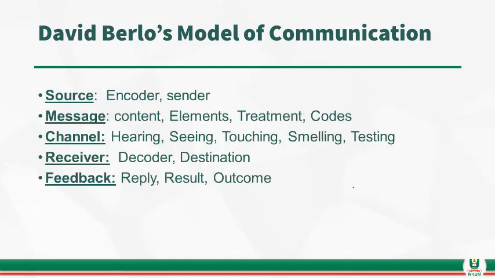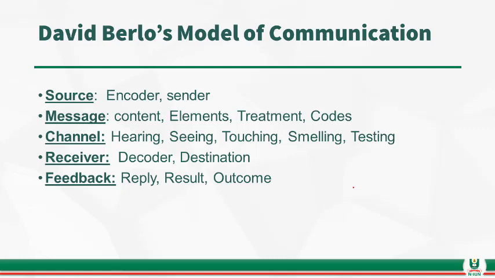Now it has these elements of communication in its model. We have the source. The source is the encoder, which also serves as the sender. We have the message. The message in the classroom is the lesson content, and the elements that constitute the message are the treatment and the codes. The treatment in the classroom is what the teacher exposes the student to for learning to take place.